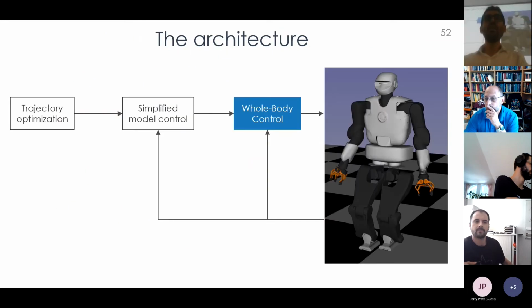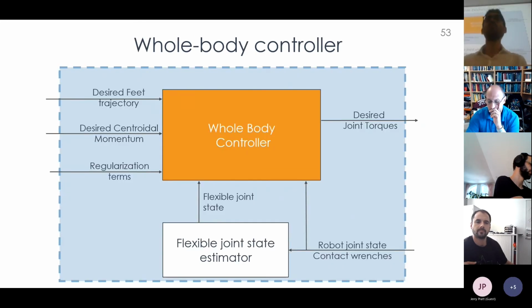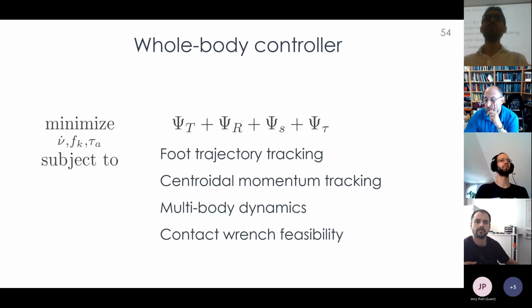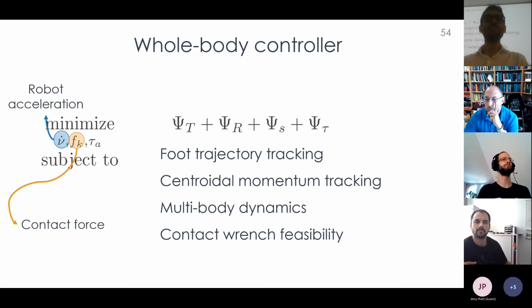So taking again our architecture, we now consider the whole body controller. The whole body controller here is composed of two blocks: the real whole body controller and a flexible joint state estimator. The whole body controller is again an optimization problem where we try to find the robot acceleration, the contact forces, and the actuated joint torques.